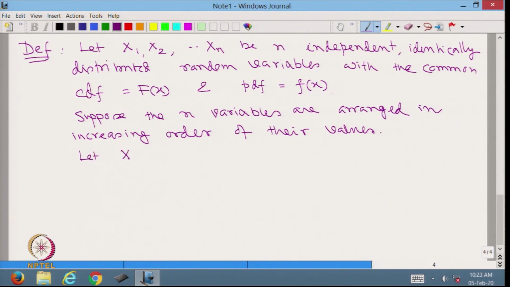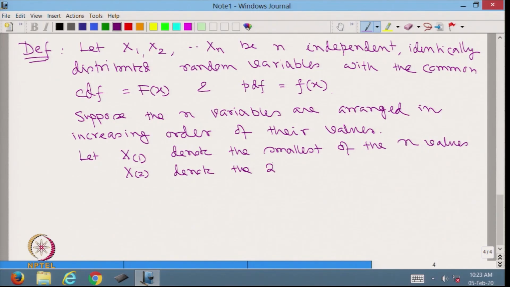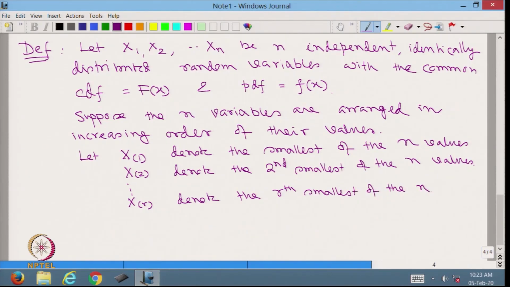Let x(1) denote the smallest of the n values, x(2) denote the second smallest of the n values, x(r) denote the rth smallest of the n values or n variables, and x(n) denote the largest of the n variables.